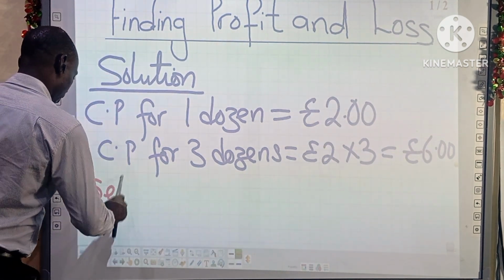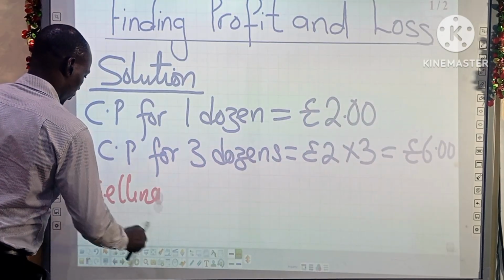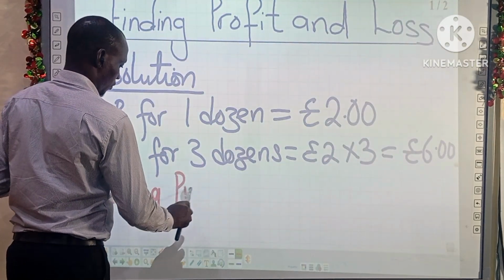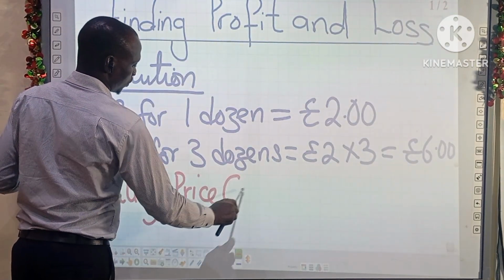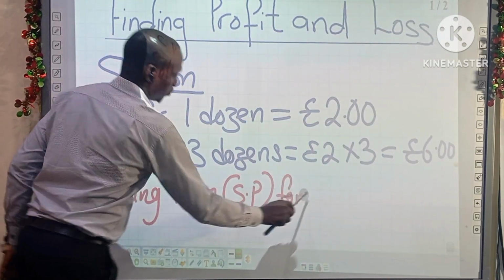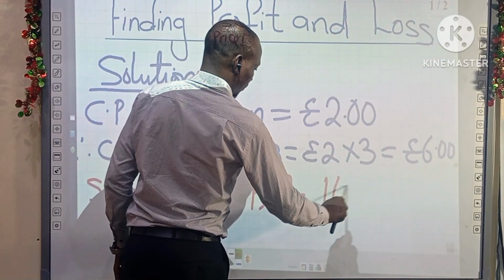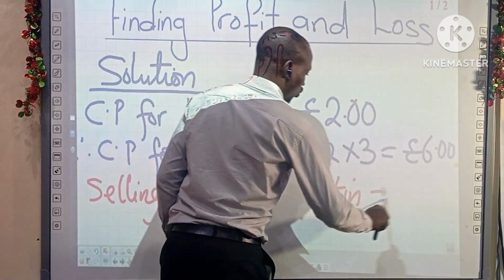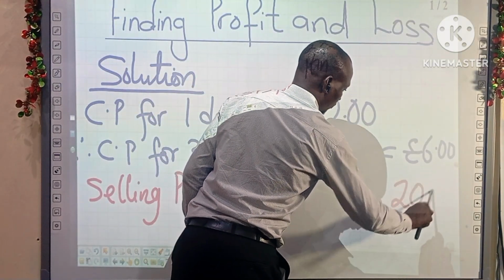Selling price, which is the same thing as SP, for 1 tin is equal to 20 pence.